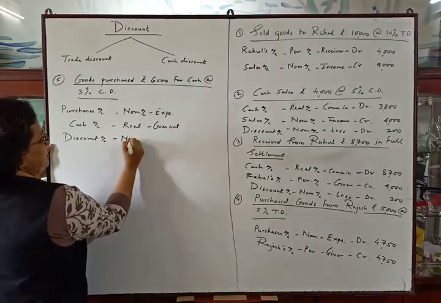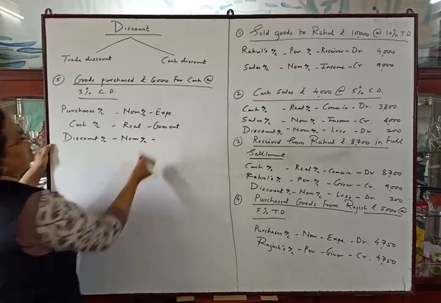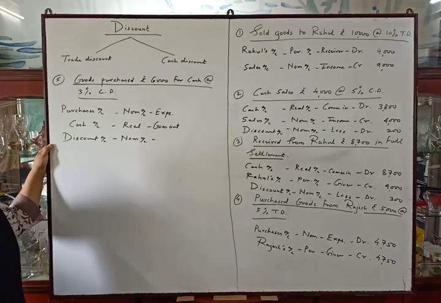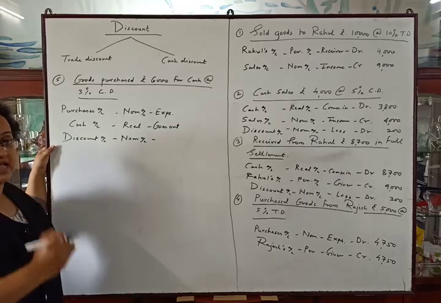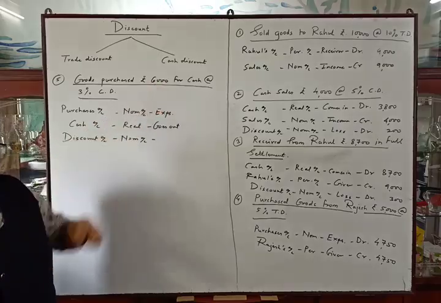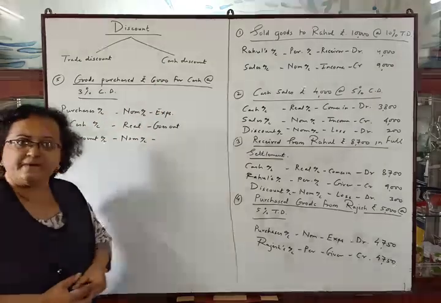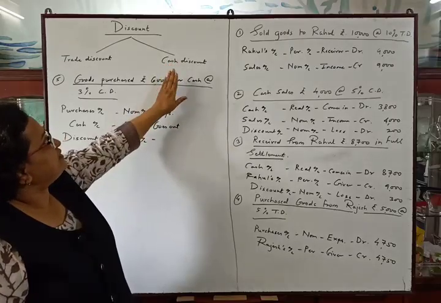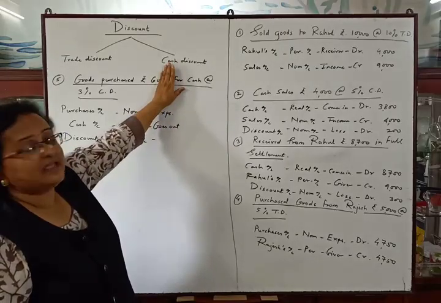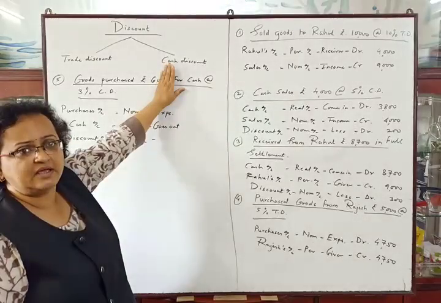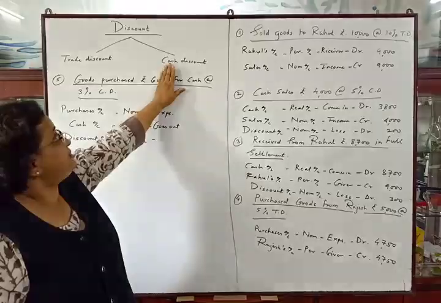Discount account is nominal account. Here we are purchasing goods for rupees 6,000 and they are allowing us 3% cash discount, means 3% of 6,000. While calculating 3%, 60, the two zeros cancel, and the resulting amount is 1% amount. So 60 rupees is 1%, into 3 will be 3%.